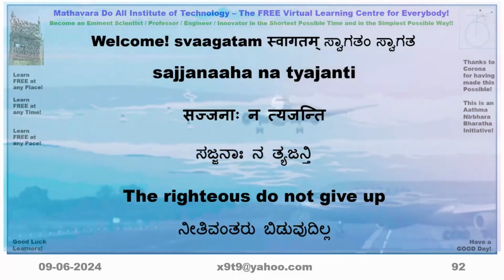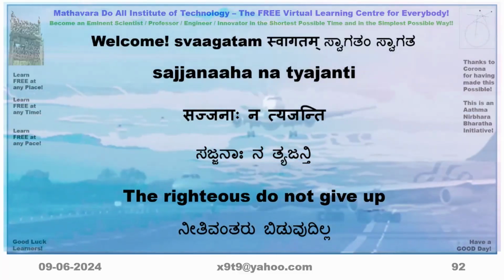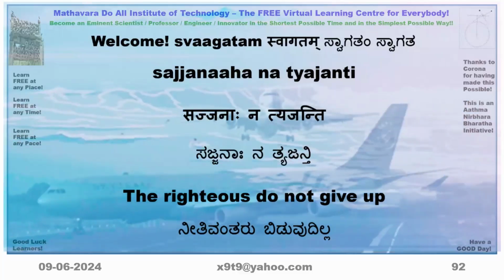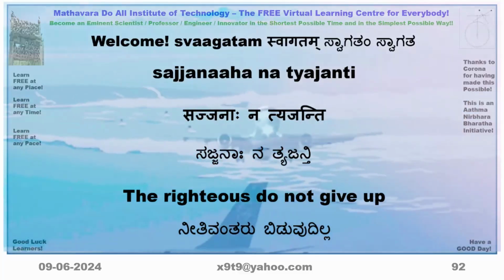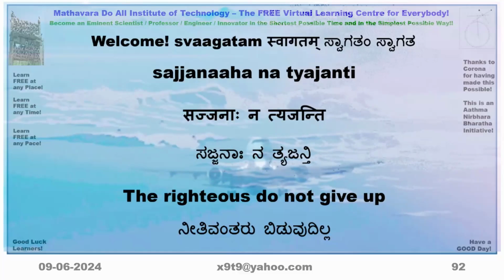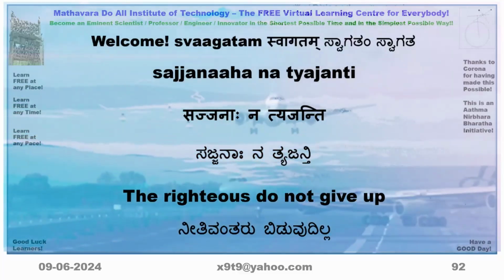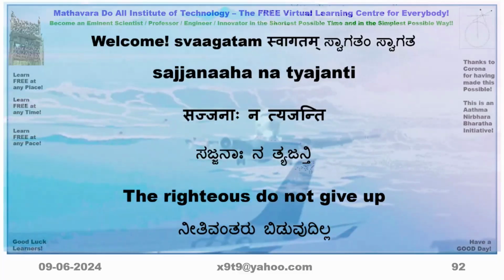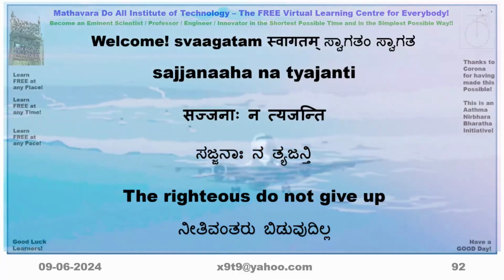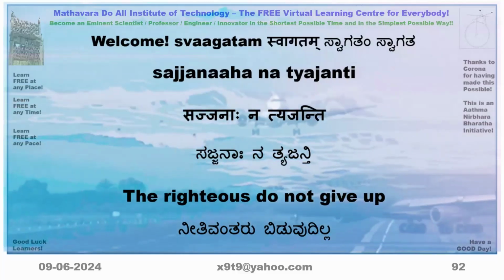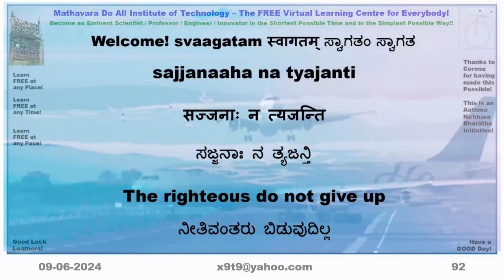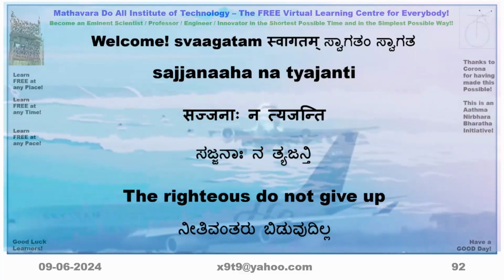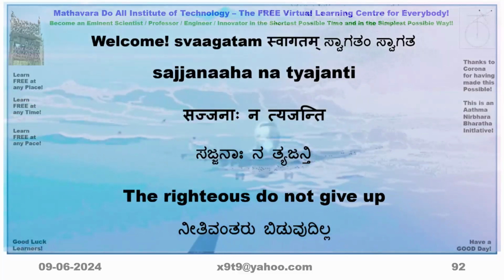Some people came and they went out, probably because I was speaking in English and it is Kannada medium and they were not able to follow. That's what I guess, because two people joined and they left. Probably most of the time I was speaking in English and therefore they thought they would not be able to understand anything. So next time we will use Kannada itself, no problem.